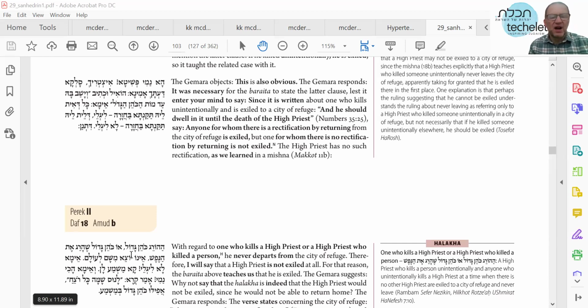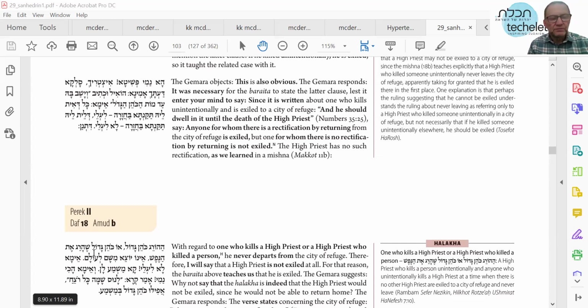Or a Kohen Gadol who killed another person, obviously not on purpose, because if it's on purpose, he is killed. This is unintentionally. Eino yotzei misham le'olam. Either the person who kills a Kohen Gadol or the Kohen Gadol who kills unintentionally has to stay there forever.